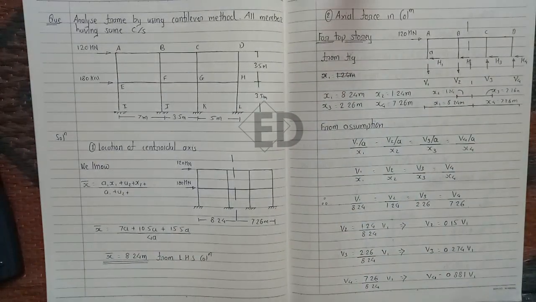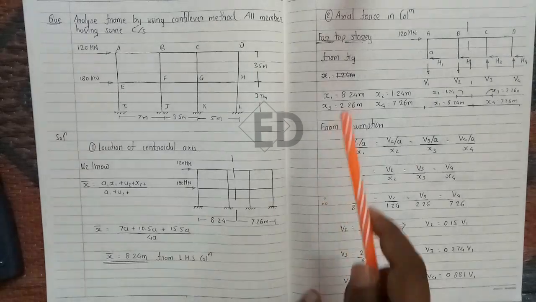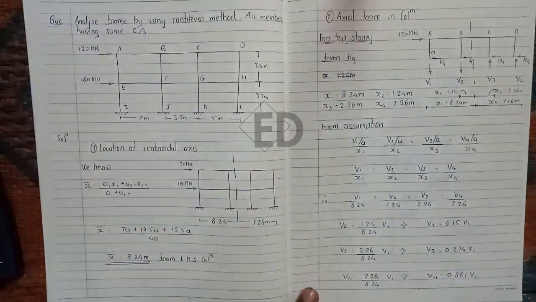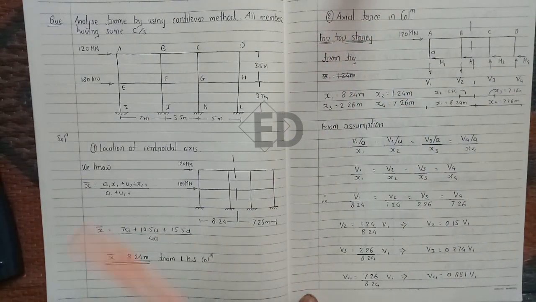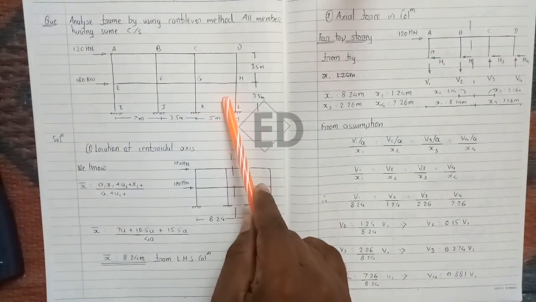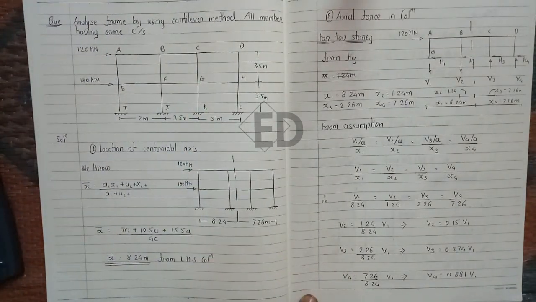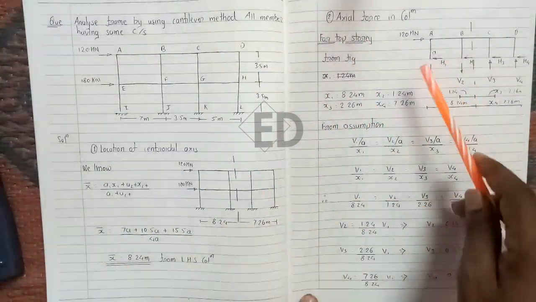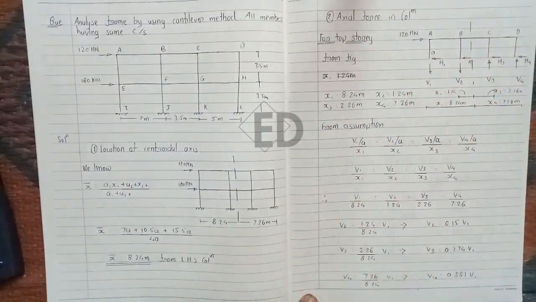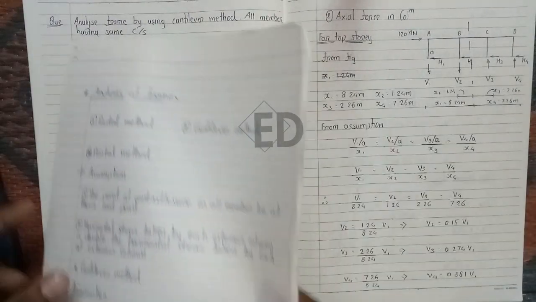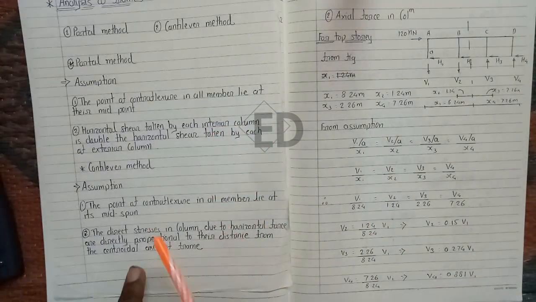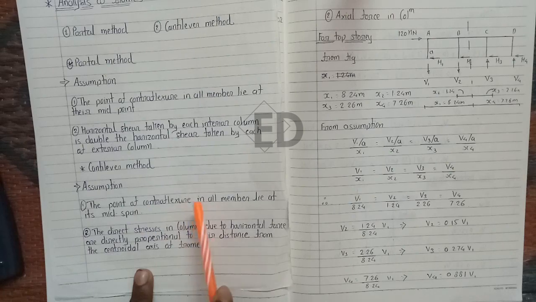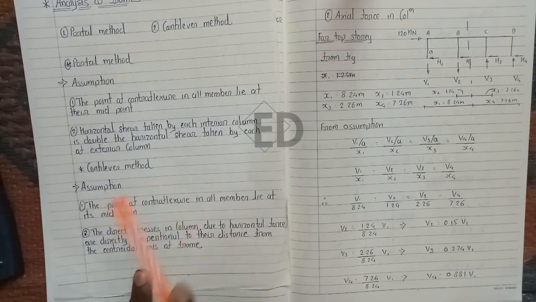Now moving towards our second step, the calculation of axial forces in the columns. We have two stories, the first story and the second story. For the top story calculation, we know from our assumption that the point of contraflexure in all the members lies at the mid span.